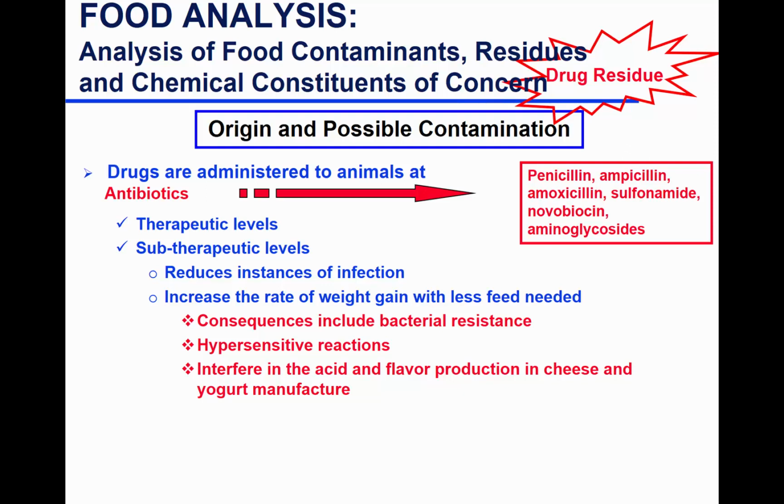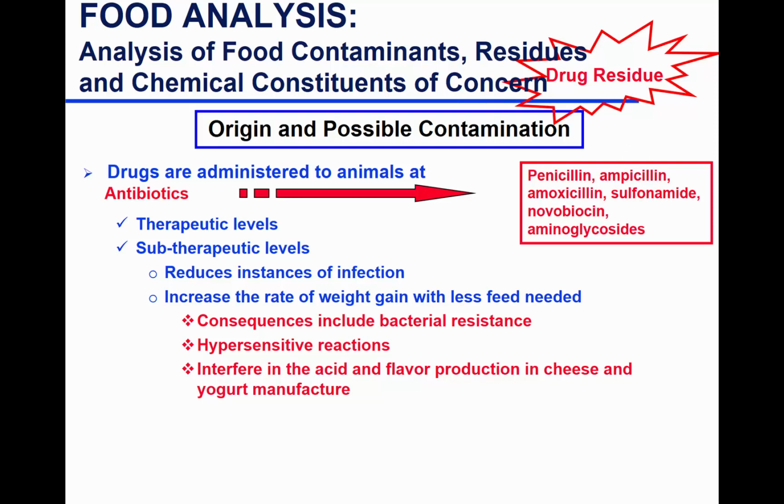And subtherapeutic, sometimes the animals are treated with antibiotics, but at a low level to reduce instances of infection, prevent them from getting infected, that is, and to enhance their rate of weight gain. But whenever the animal is ready to be slaughtered, for example, they have to remove the antibiotic treatment ahead of time so that the body is cleansed from antibiotics because tolerance level is 0.